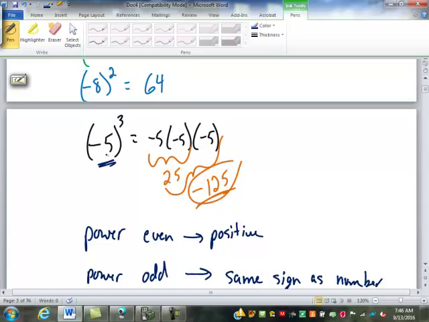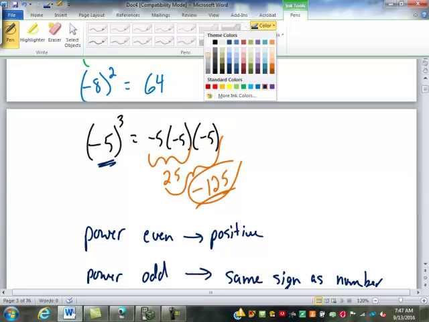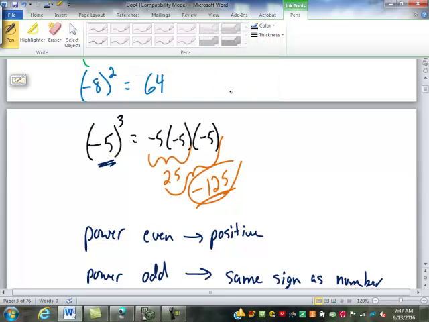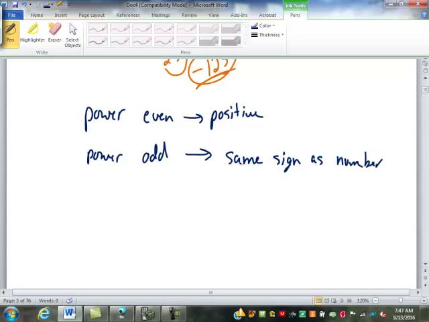If we started with a negative, if it's an odd power, we're going to end up with a negative. Now, obviously, anything that's positive, it doesn't matter what power we take it to, it's going to be a positive result. So we're only talking about negatives when we deal with that. So negative 3 to the power of 5. First of all, positive or negative result? Negative. So then 3 to the power of 5: 243.